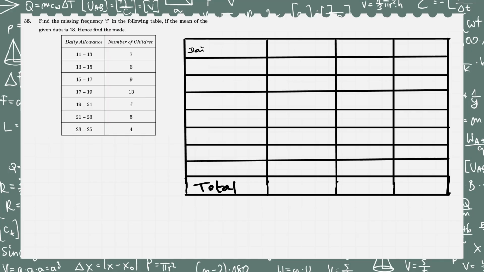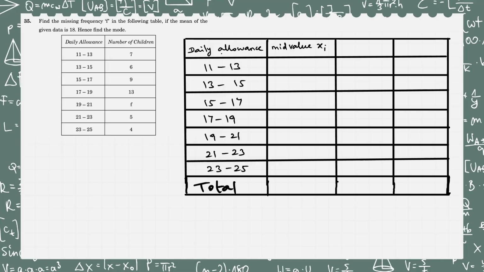The first column I am writing is daily allowance. Okay, so 11 to 13, 13 to 15, 15 to 17, 17 to 19, 19 to 21, 21 to 23, 23 to 25. Okay, now I am going to find the mid value xi.